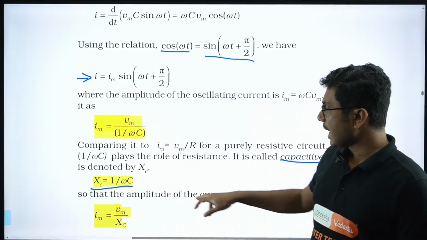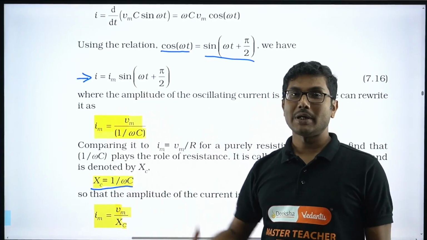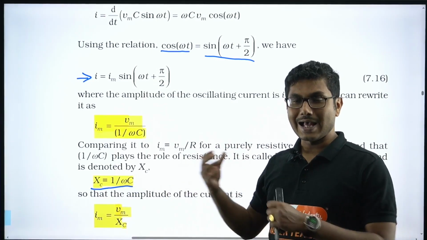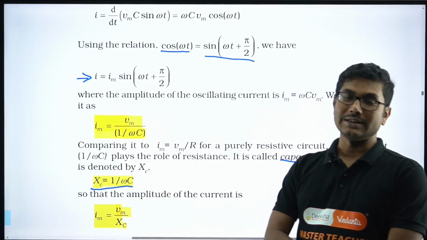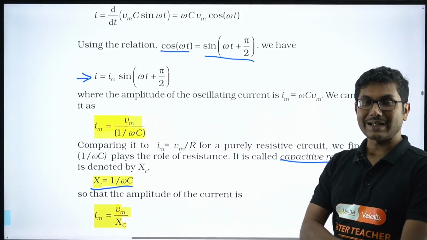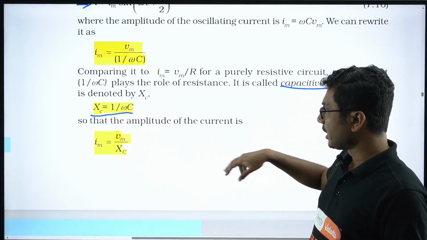Again 1 by omega C has the same unit as omega L and R. So the unit of 1 by omega C is again ohm. So what is the unit of capacitive reactance? Ohm, and the symbol is obviously omega.